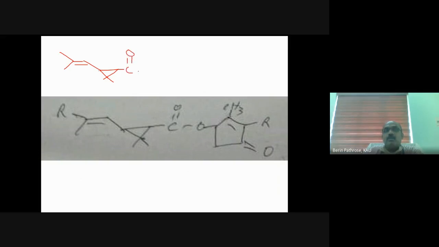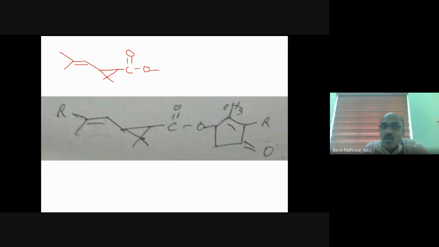If you expand, C double bond O, COOH. If you remember, an ester bond is formed by reacting an acid and an alcohol, and during that reaction, a water molecule is removed. So one H from the carboxyl group and one H from the hydroxyl group will join together with one more oxygen atom, and it will form a water molecule.